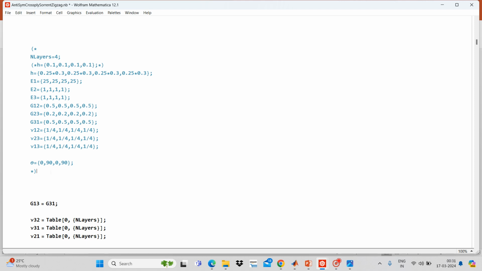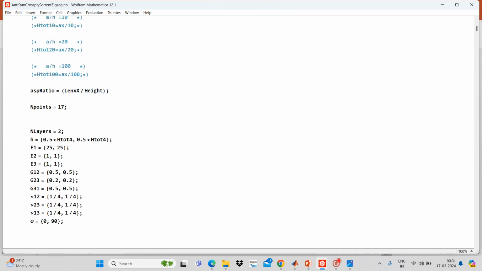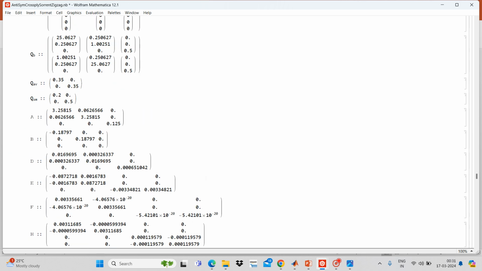We have 2 layers and the thickness is given, each layer having 0.5 into h, a by h ratio of 4, and material properties E1, E2, E3, G12, G23, G31, and theta 0/90 is given here. So we will run this code. Now we will see the results.